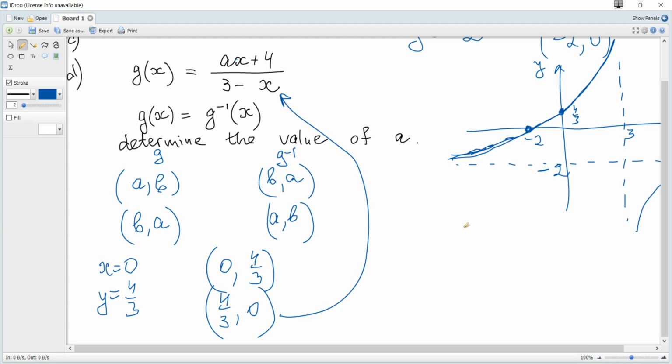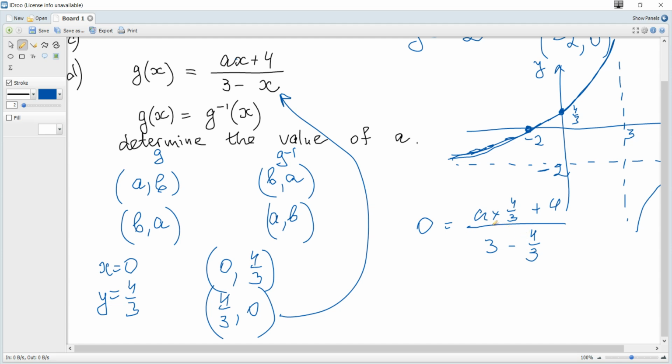So here we can just use y is 0, so 0 is a times 4 over 3 plus 4, over 3 minus 4 over 3, and just solve for a.